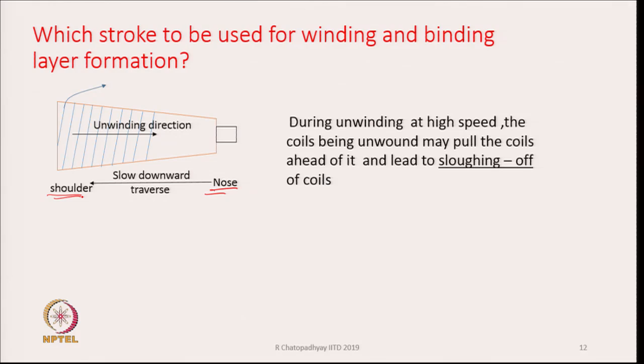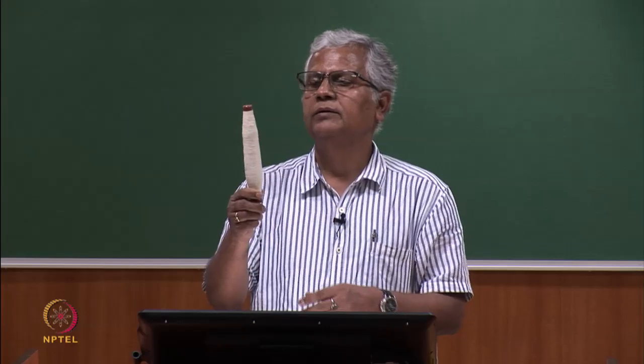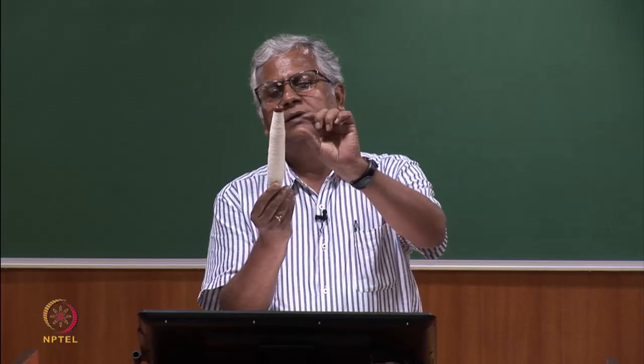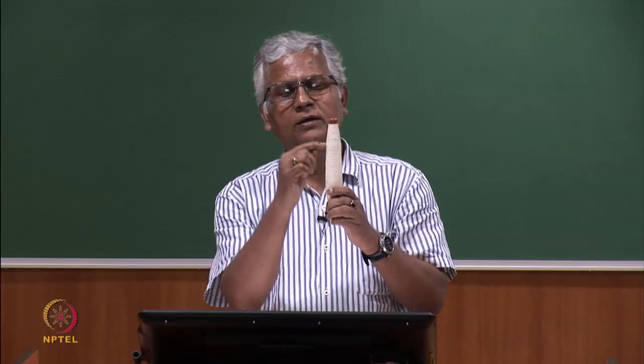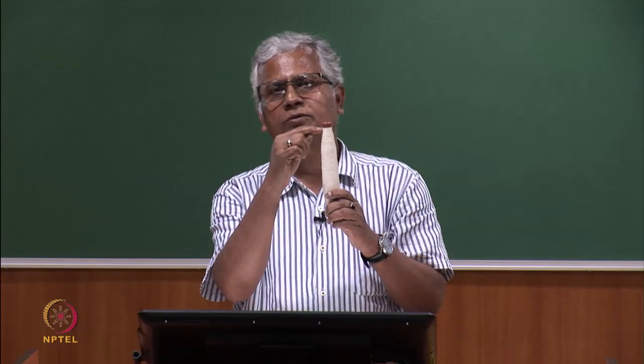At any point of time, if we look at the bobbin, you will always find that from here to there, this part we call the shoulder and this part we call the nose.